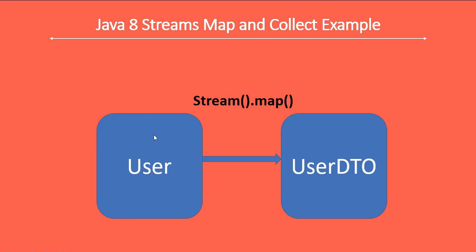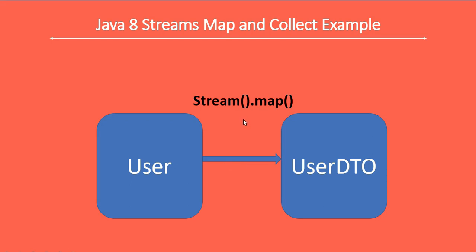Consider user is a JPA entity, and we fetch records from the database and we store it into a user JPA entity, and we convert this user JPA entity into user DTO object, and we send this object back to the client. And I am going to use Stream.map method to map user object into user DTO object. So this is the example I am going to cover here right now.